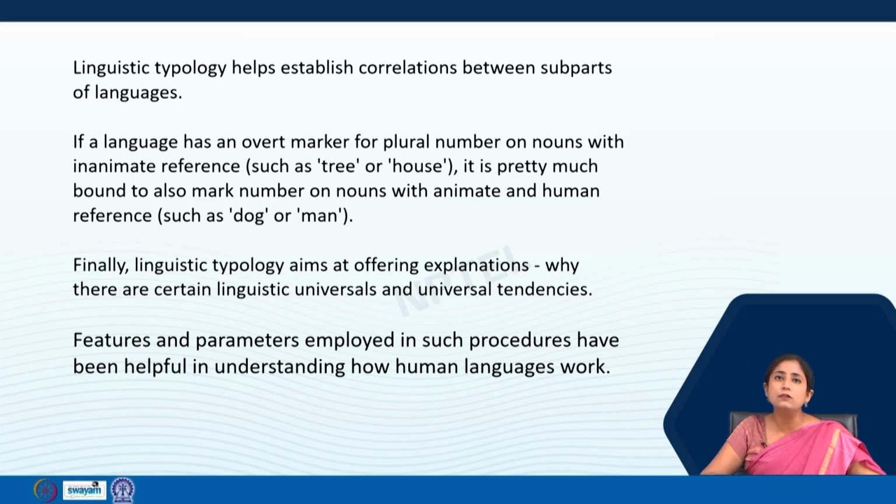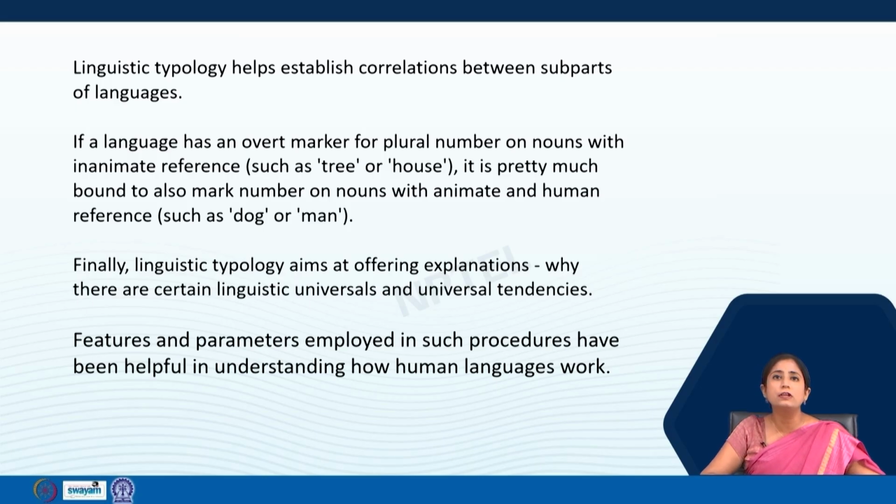If a language has an overt marker for plural number on nouns with inanimate reference, like if a language has plural markers for objects like trees, house, which are inanimate, then it is pretty much bound to also have number marking for animate and human references like dog, man.